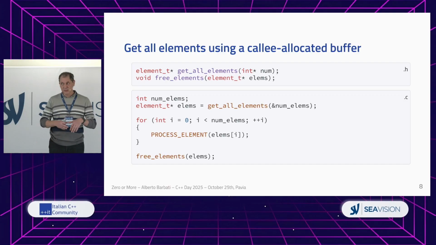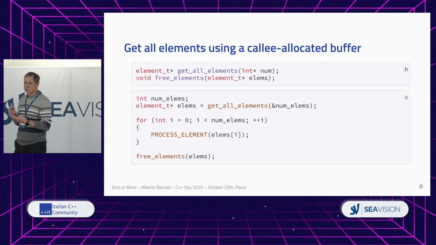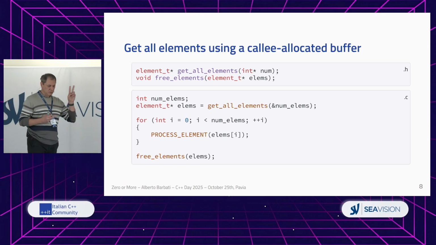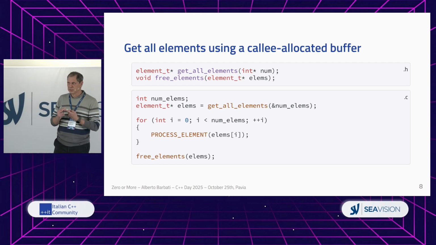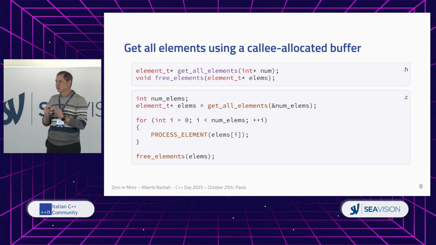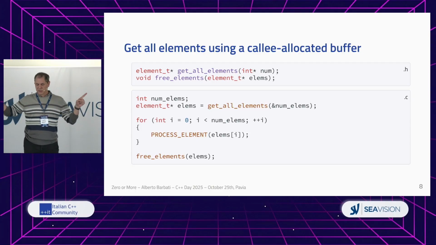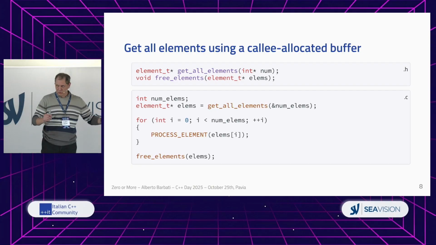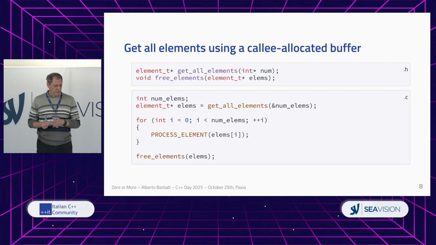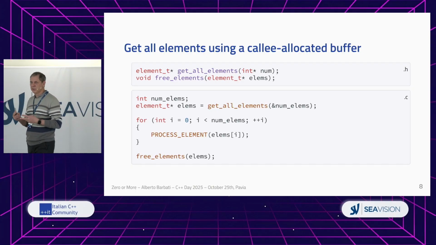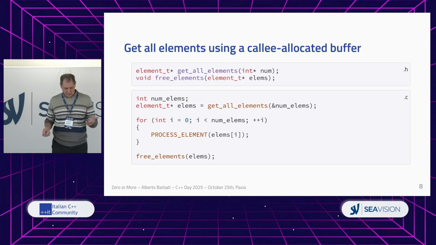So here we have all the elements at once, but we must remember to call the free function, and we lose the two pros that we had before, because we can't start processing the elements until they all come. We have to wait for the entire buffer to be filled. The entire number of elements has to be produced before we can start processing them, and we can't stop early because we get all of them. I can't just say, just give me 10 of them.